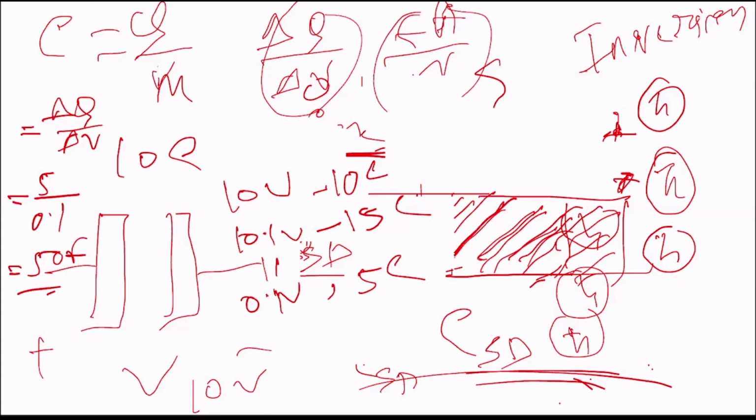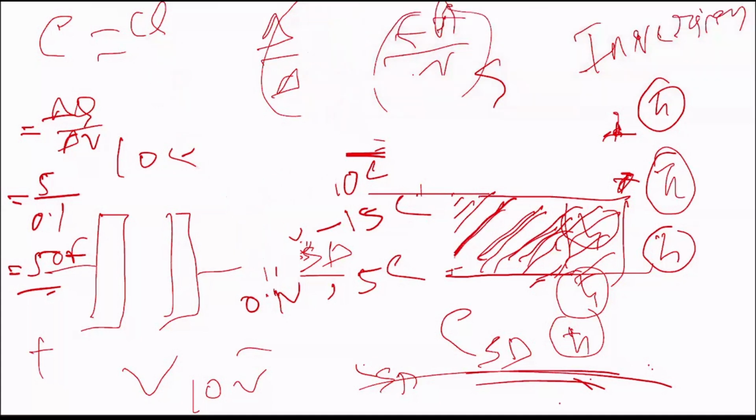I'm just giving you an example. So you do not only apply a DC voltage. If you just apply a DC voltage, it will not work. You apply a DC voltage and on top of it, you apply an AC voltage to see how the charge varies. So let me draw a graph so that you understand it a little bit better.